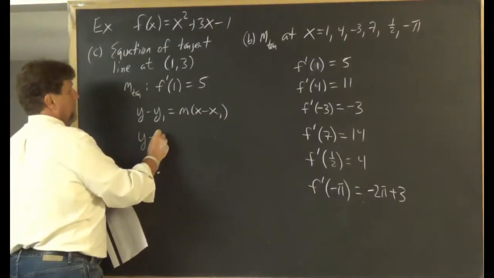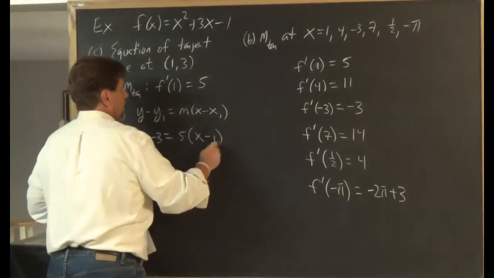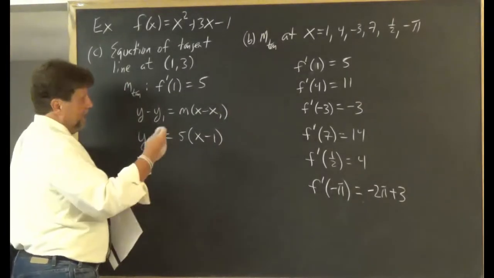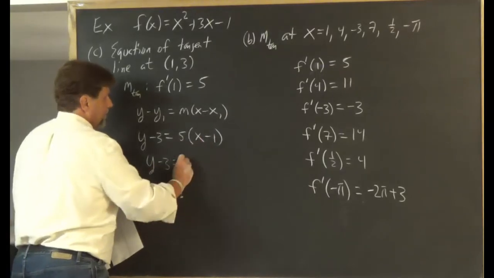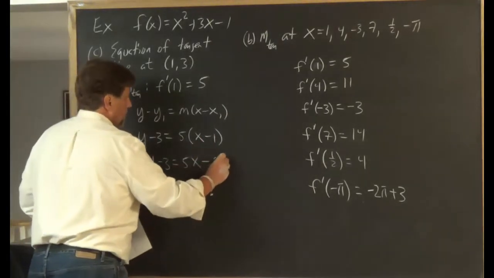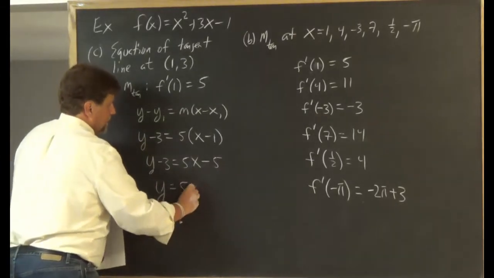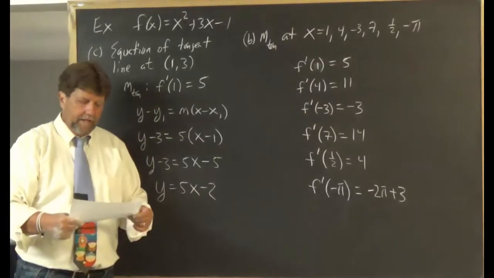So we'd have y minus 3 equals 5 times x minus 1. That's the equation of the tangent line. If you want, you could distribute the 5 and then add the 3 to both sides to get it into slope-intercept form. That's if you'd want.